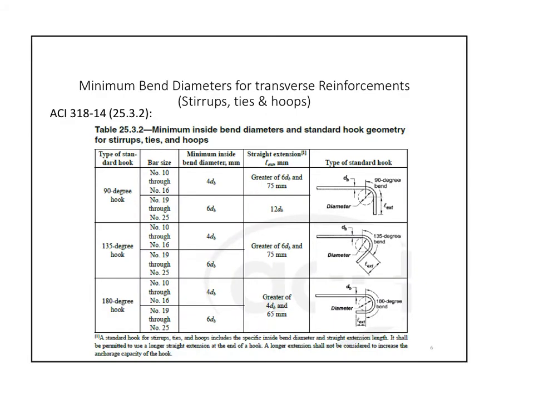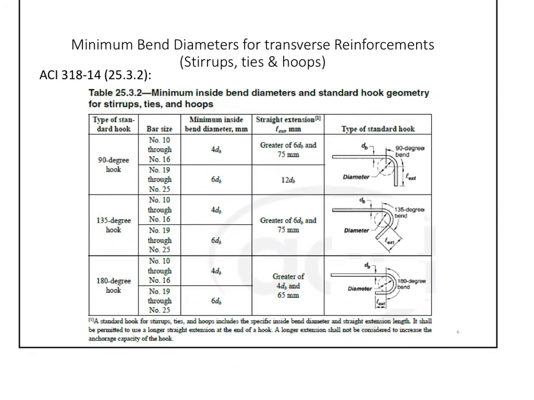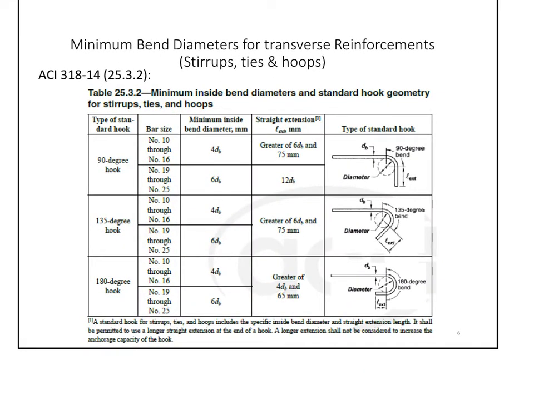Now, getting into the minimum bend diameter. What's the difference between this and the previous table? This is just the minimum bend diameter, which means it is not the standard hook. This is just the bend diameter. So anytime you bend anything, whether it's a tie, a hoop, or a stirrup, you have to follow those bend criteria.